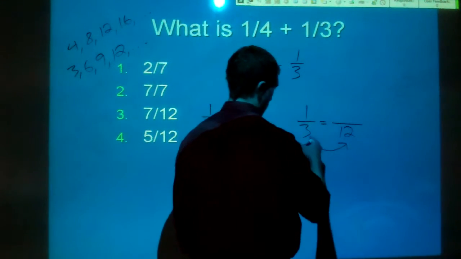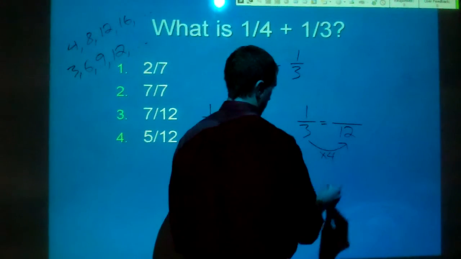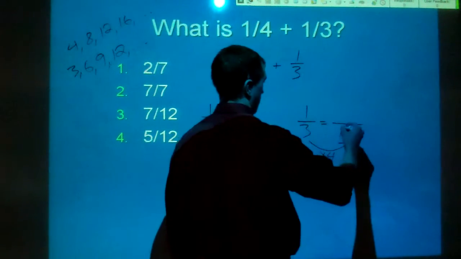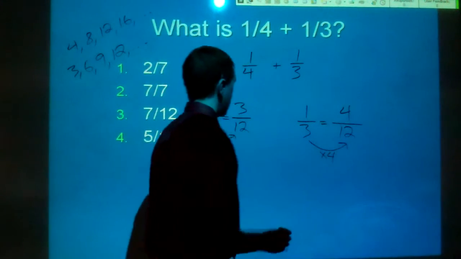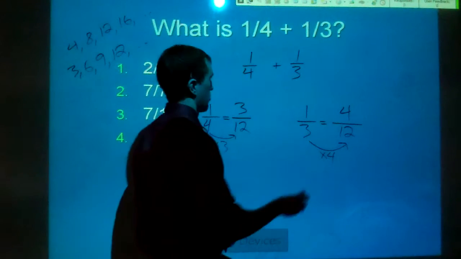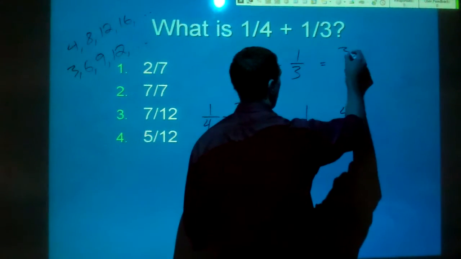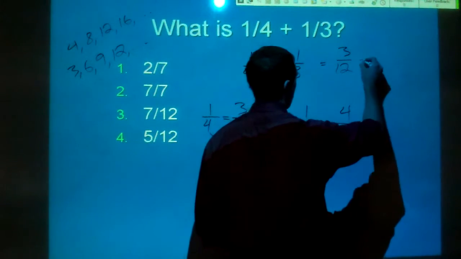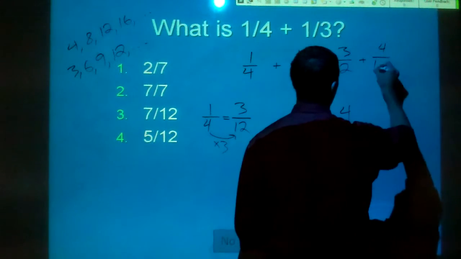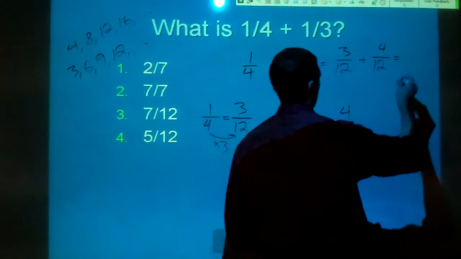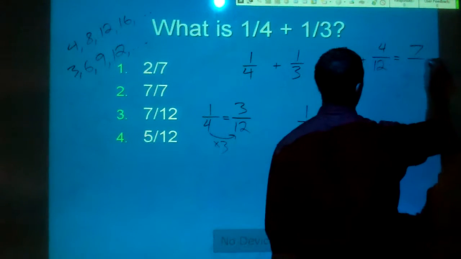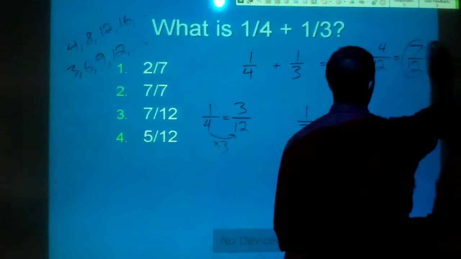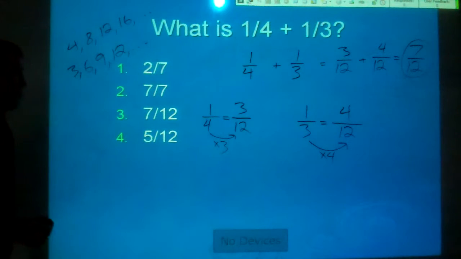Here we multiply 3 times 4 to get 12. So we're going to do 1 times 4 up here, which is 4. So now what we actually have is 3/12 plus 4/12, which equals 7/12. So that's what we should be coming up with there.